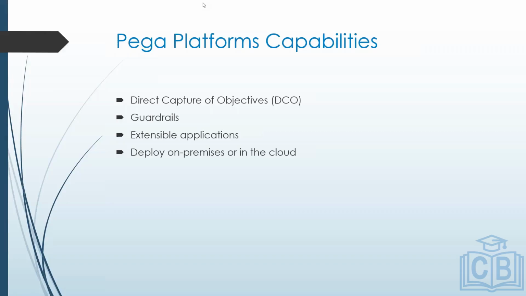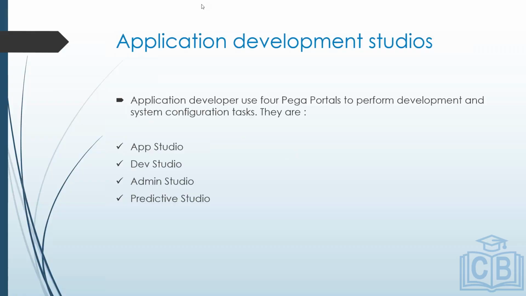And probably yes, the last topic for the next 5 minutes is about the different application development studios. PEGA comes with different studios for different people to access depending on their roles. We have four studios available: App Studio, Dev Studio, Admin Studio and Prediction Studio. Each is targeted for a different set of people.